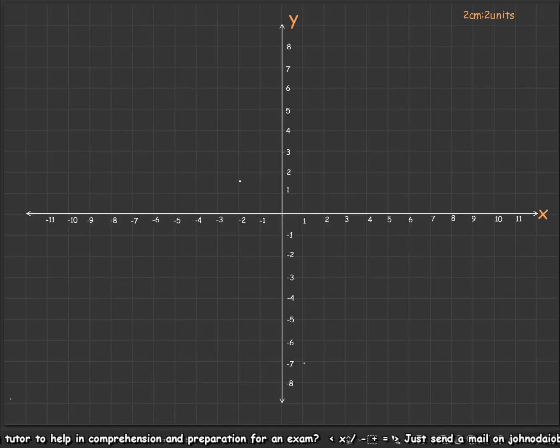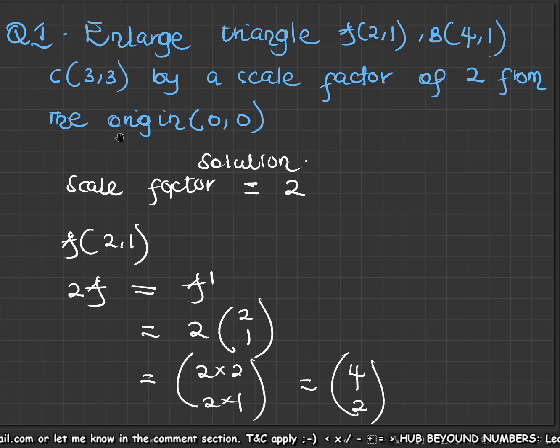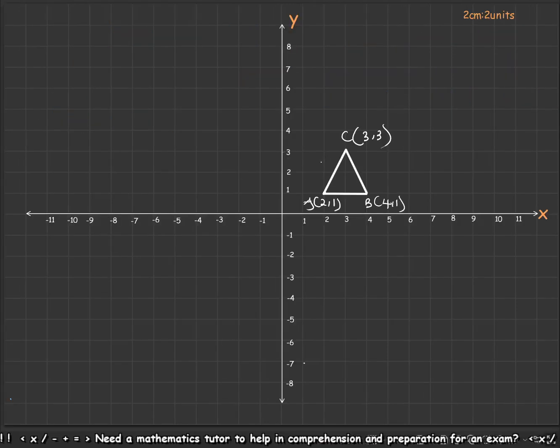So this here is our graph sheet, and the first thing we need to do is to plot out triangle ABC. So let's look at our coordinates. And from the question, these were the coordinates A, B, and then C. You see, so you are going to plot that out first. Now, since I have already explained in previous videos how to locate points, this shouldn't be a problem.